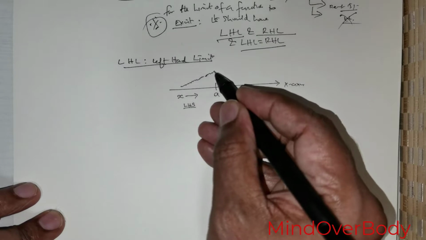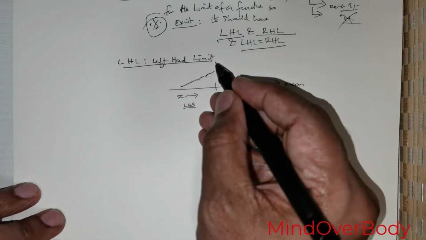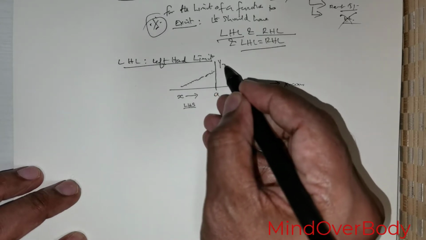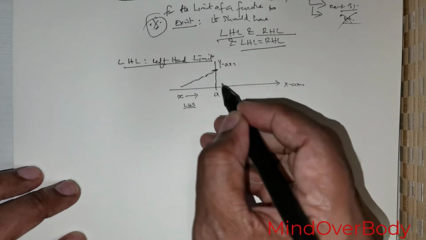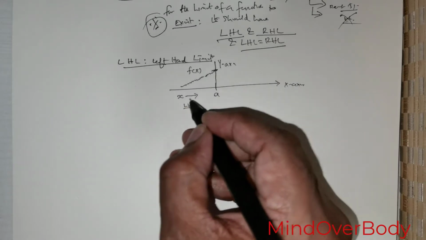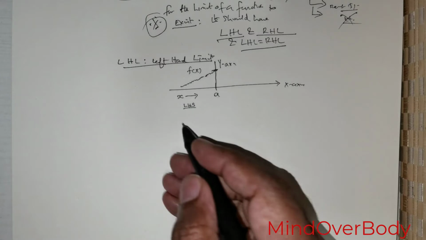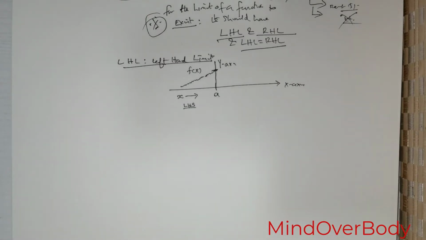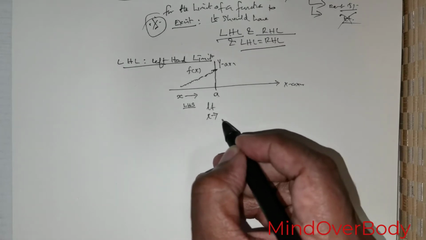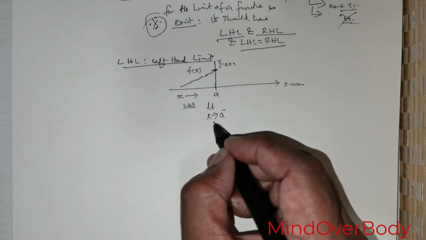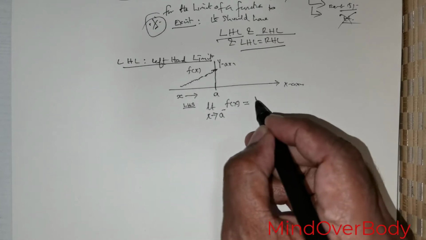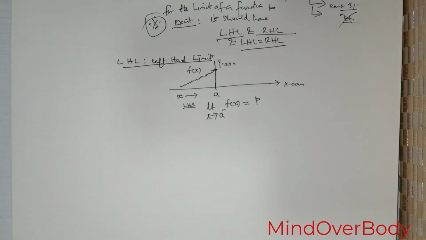Now as the function is moving, there will be a point where the function will hit the y-axis, and that point will be the value for the function when x is moving towards A from the left hand side, right? So we represent that as limit x tending to A from the left hand side, and we obtain some value and state it as P. This is the way we represent this.